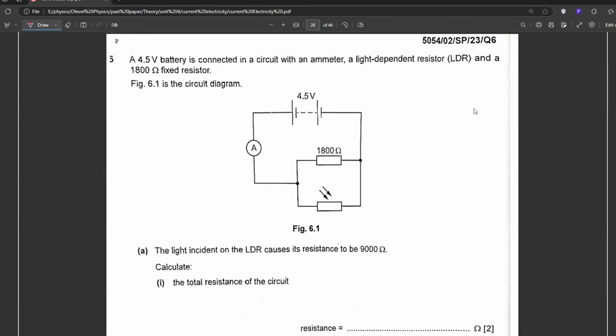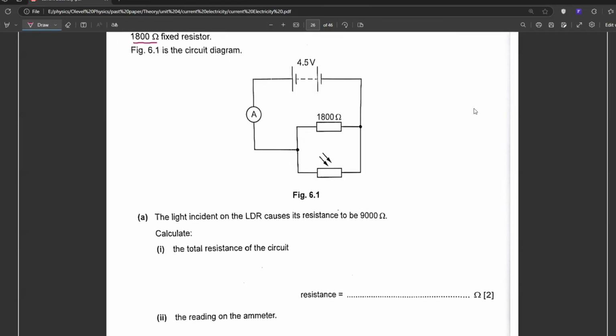A 4.5 volt battery is connected in a circuit with an emitter, a light dependent resistor LDR, and an 800 ohm fixed resistor. So this is an 800 ohm fixed resistor, this is 4.5 volts, this is an LDR. The LDR has a resistance of 9,000 ohms.